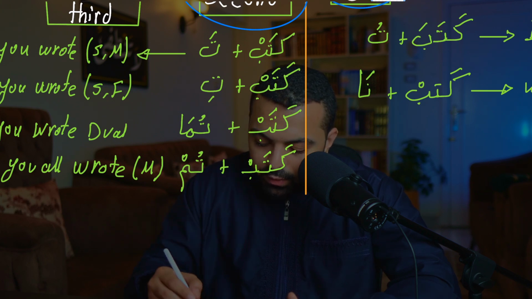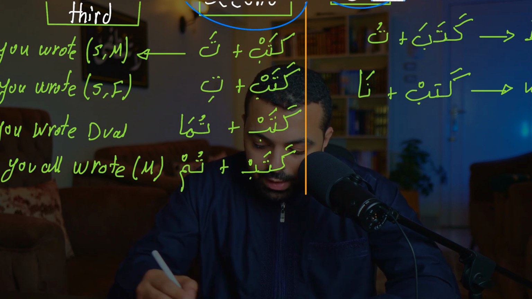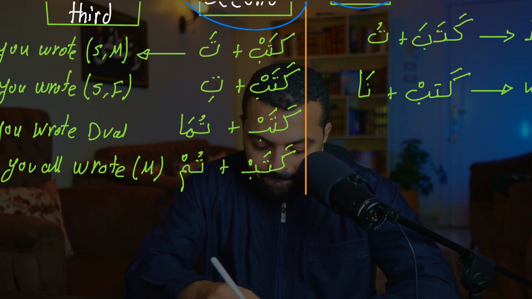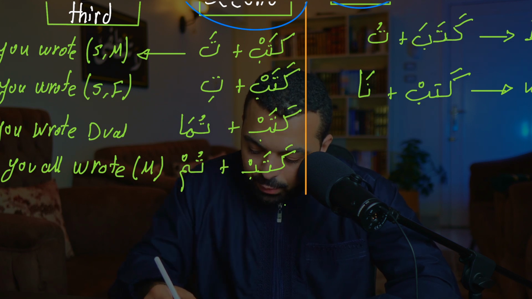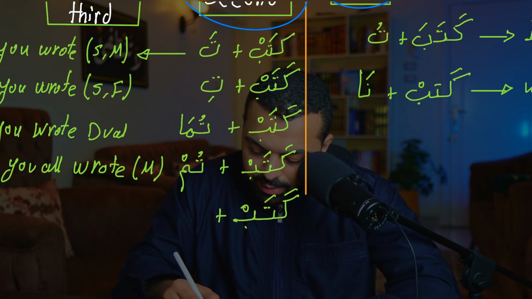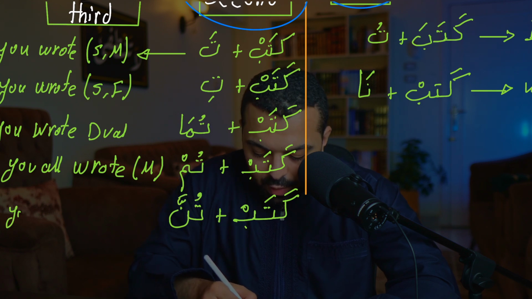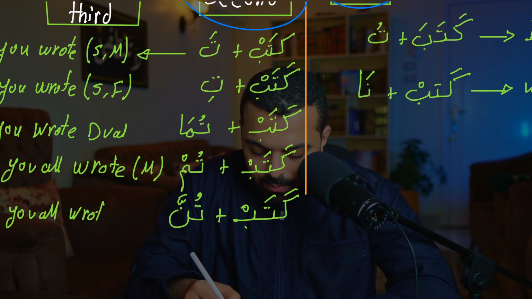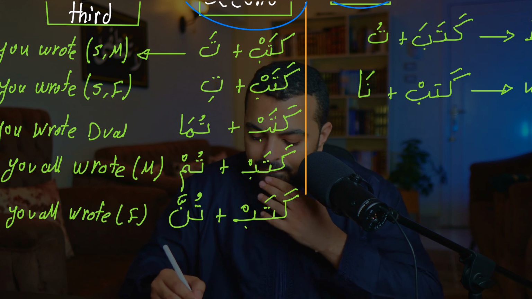And for girls, you say أنتن كتبتن. كتب, and then you add تن, which means you all wrote, but be careful, that's only for feminine.